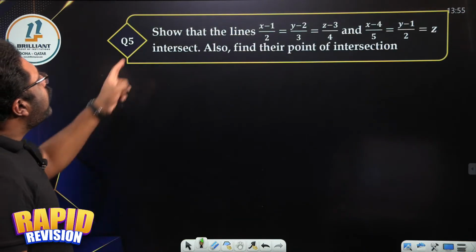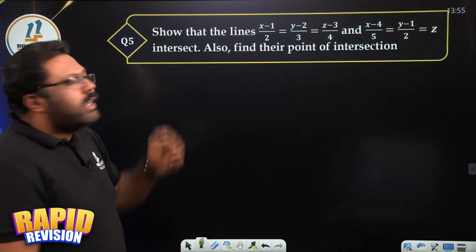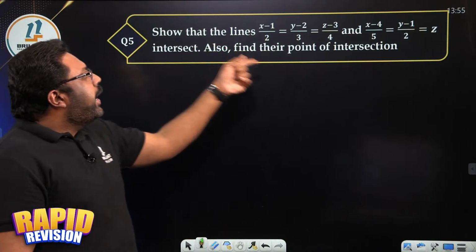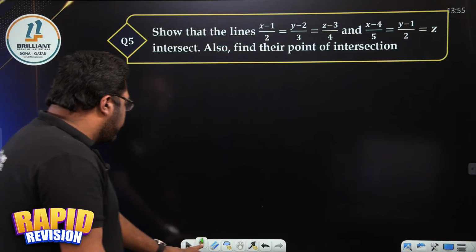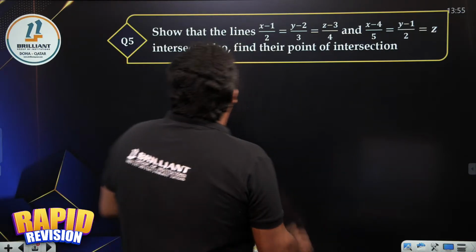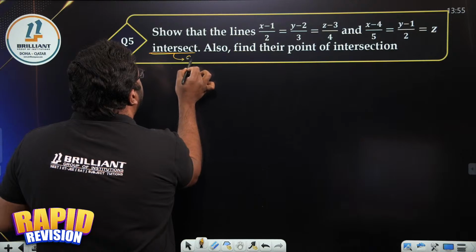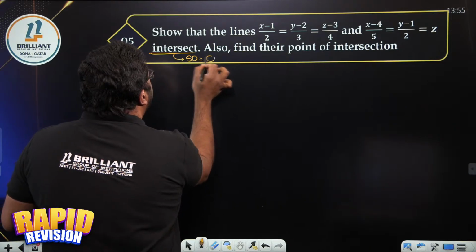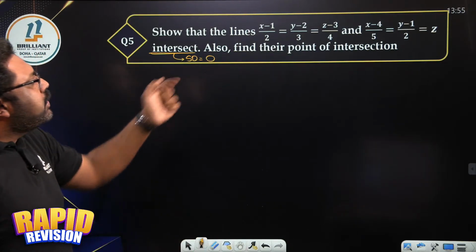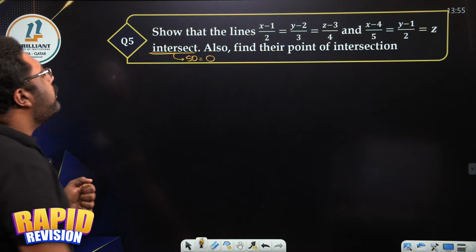Next question. Show that the lines are intersecting, hence find the point of intersection. So this I'll do. How to prove that the lines are intersecting? This is what I said before. If they intersect, the shortest distance is supposed to be 0. The shortest distance between the two lines is supposed to be 0.